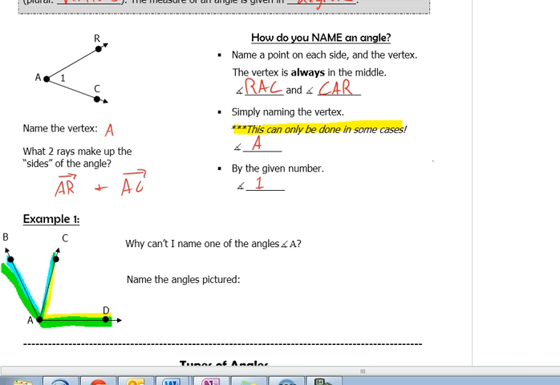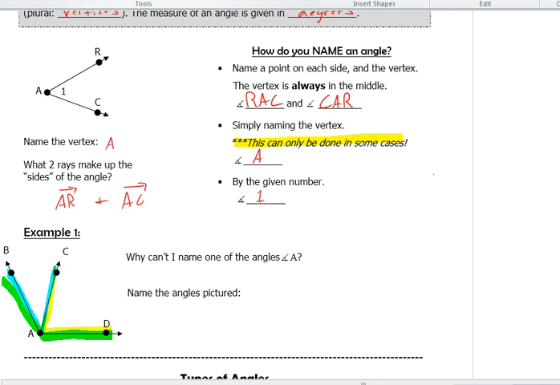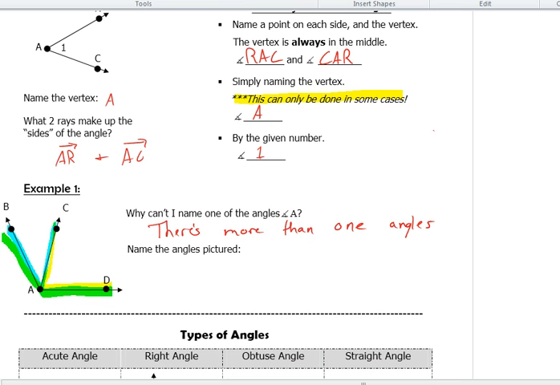So you cannot do it because there's more than one angle. Make sure if you get something like that, you don't label it as angle A. I know what picture you're looking at, just not what angle you're referring to. So the three angles pictured would be angle BAC, angle CAD, and the big angle, angle BAD.